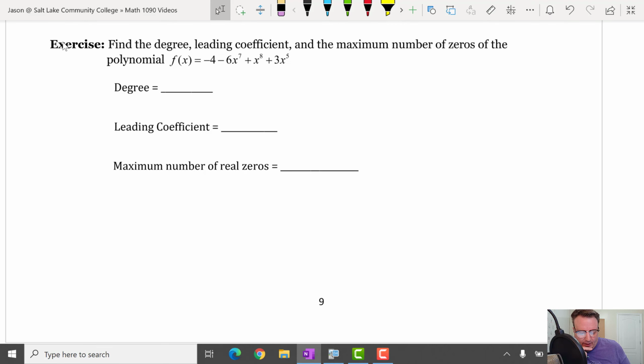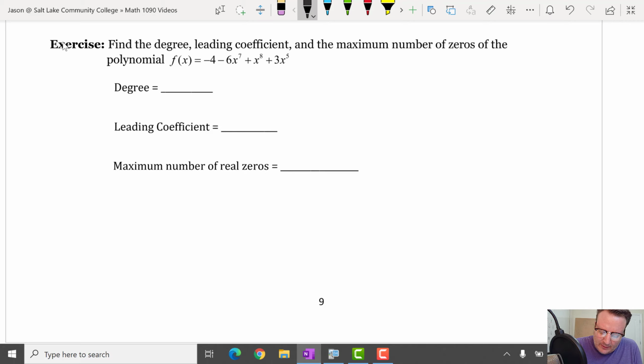Exercise. Find the degree, leading coefficient, and the maximum number of zeros of the polynomial f of x equals -4 minus 6x to the 7th plus x to the 8th plus 3x to the 5th. Well, this polynomial is not written in standard format.